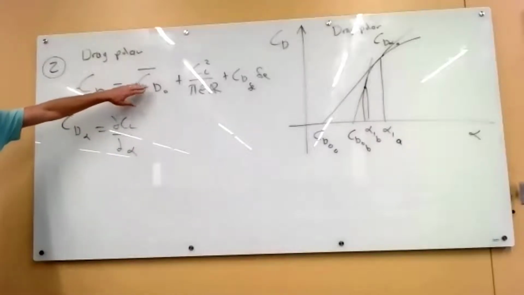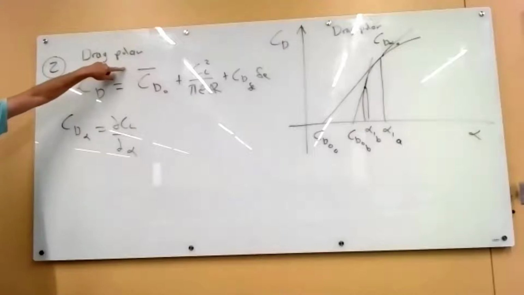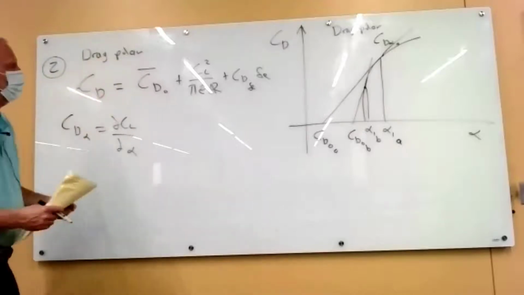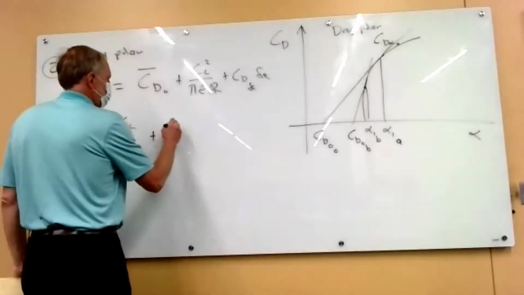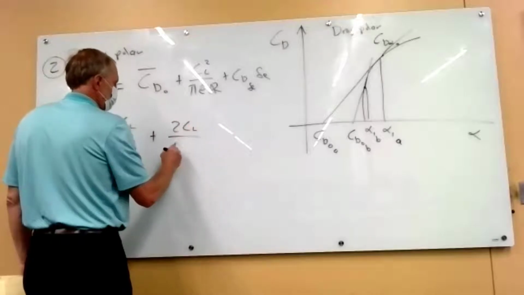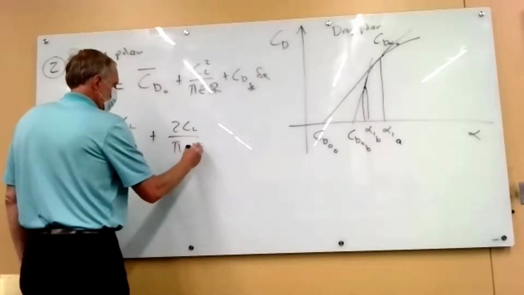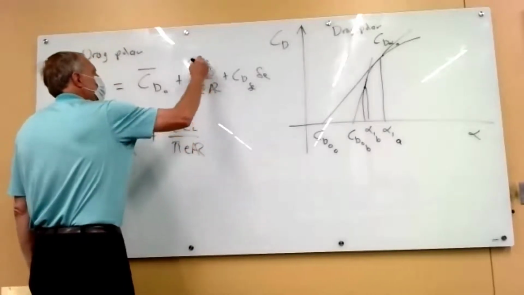That's the intercept of the drag polar. Notice there's a bar over here because it's going to be different. And then you get the derivative of this with respect to alpha, and this is what depends on alpha.